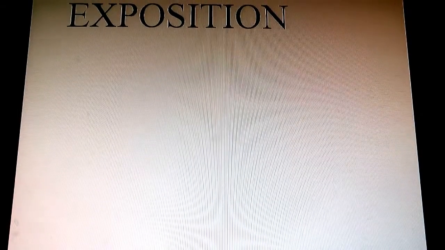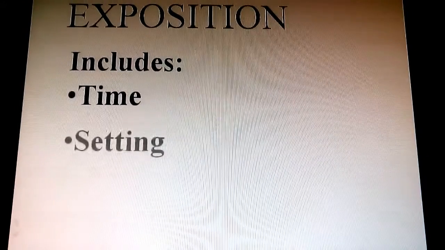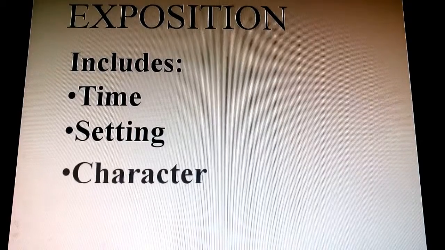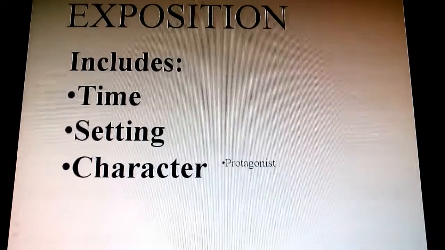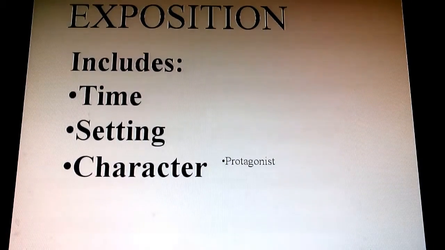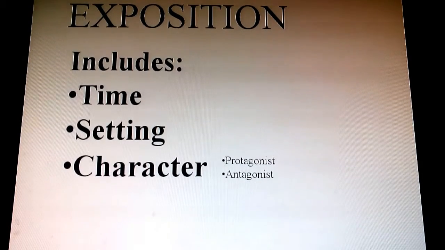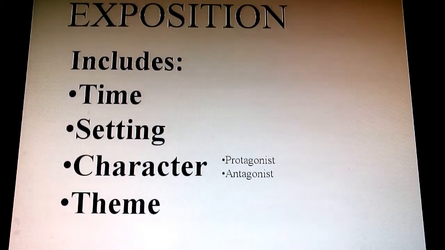Thus, the plot forms. The first element of a plot is the exposition. Exposition includes the time, the setting, and the characters, which involve the protagonist and the antagonist, and the theme.